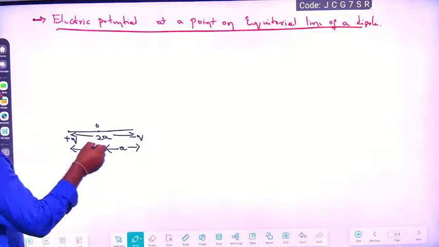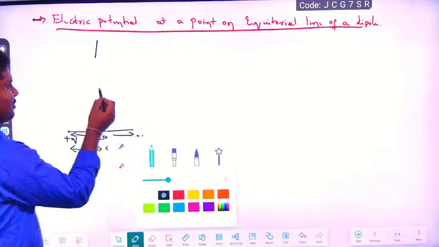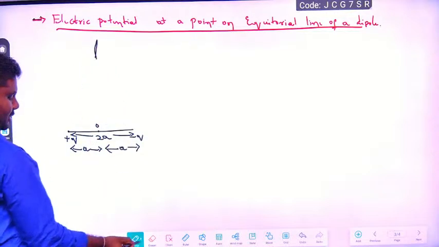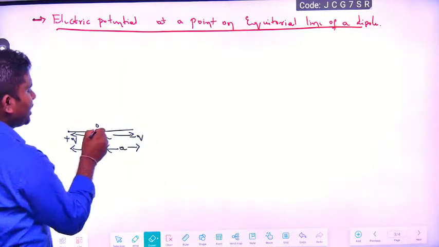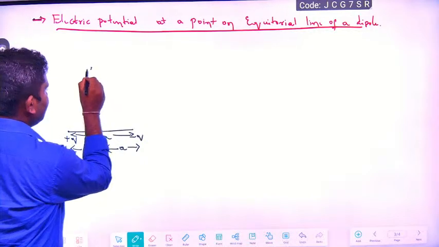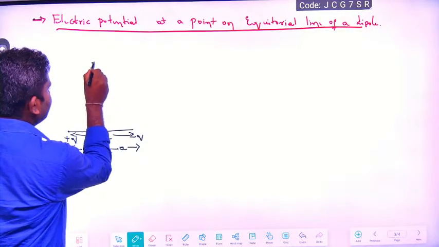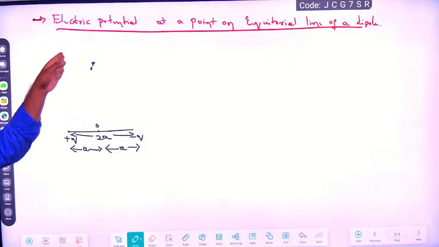Now, I will take the equatorial line. What does equatorial line mean? It always passes through the center of the dipole. Now, take one point P. What is the electric potential at that point P due to the dipole? The point is on the equatorial line.